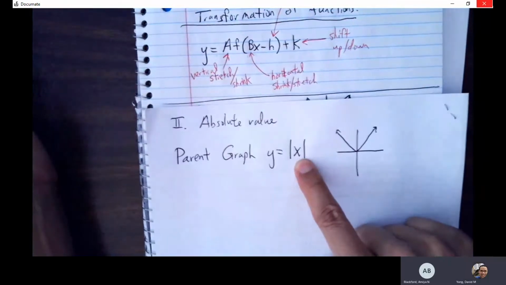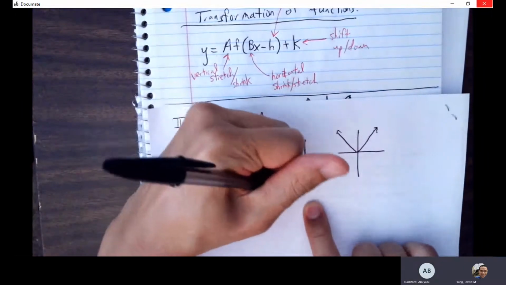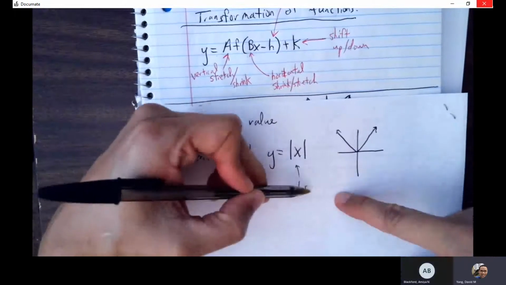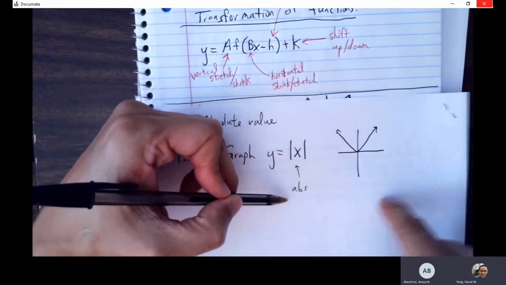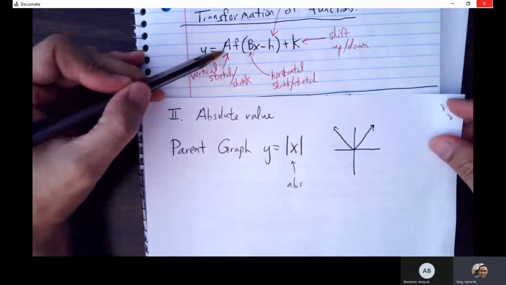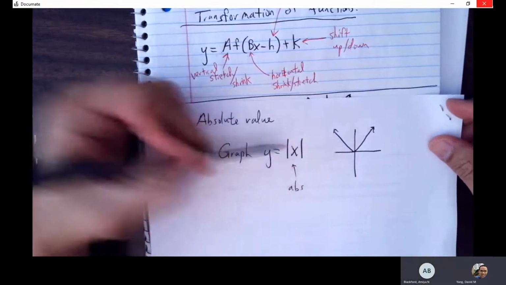You enter this into Desmos. You just type in ABS. It'll recognize that it's talking about absolute value. Or I think there are some icons you pick for absolute value. So same thing here. You're just going to put A, B, H, and K around.